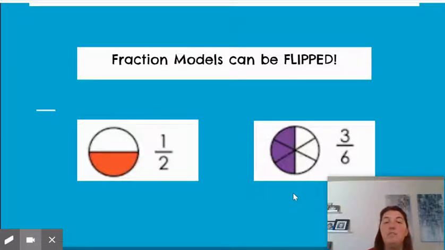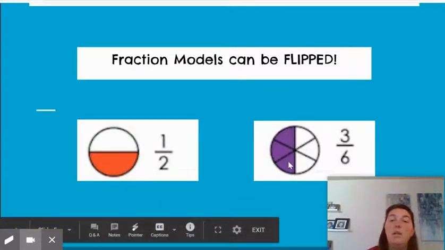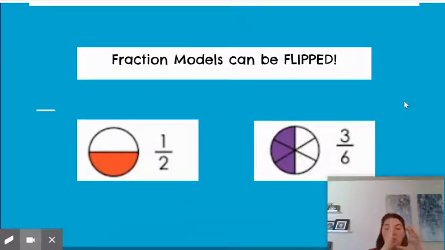It's just that they've taken this first circle, and not only did they cut it up, but this part that's shaded has been flipped over. So you have to be able to look at the amount of space, and it may have to be shifted in order to make that match. So be aware of that. It's not always going to be shaded in the exact same spot. That's one way that they trick our third graders, so be cautious.